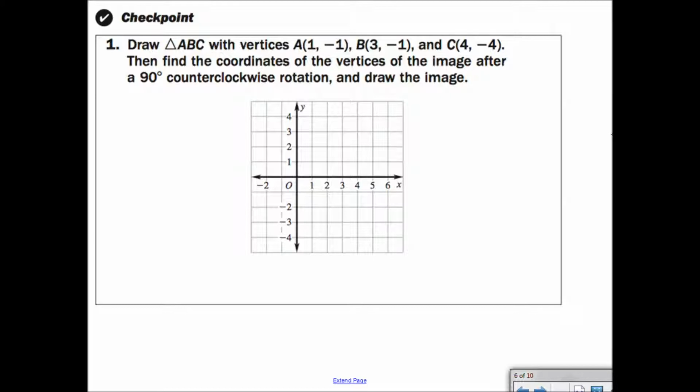So we begin by graphing these 3 points, 1, negative 1, 3, negative 1, and 4, negative 4. And this is A, B, and C.